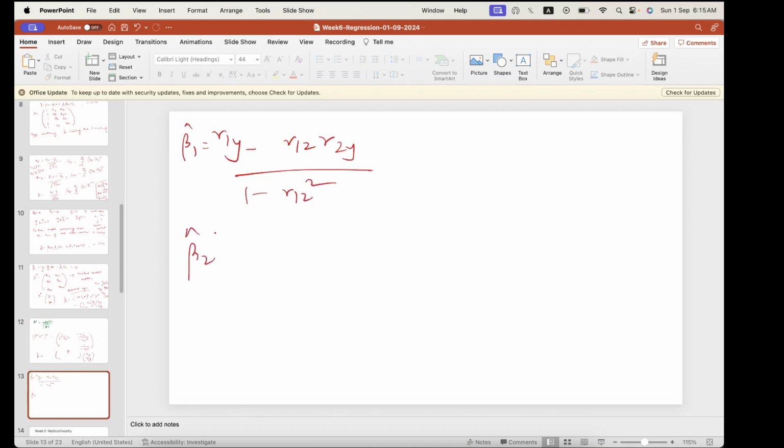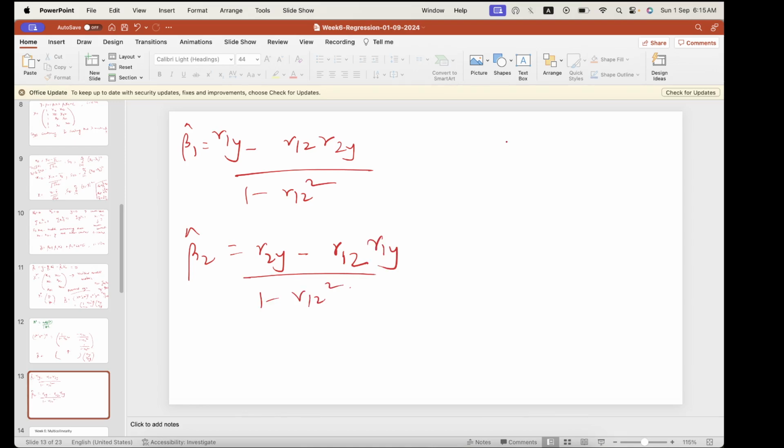Similarly, beta 2 hat will be r2y minus r12 r1y by 1 minus r12 square.